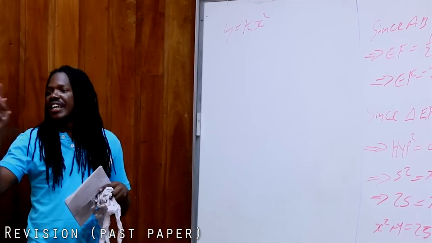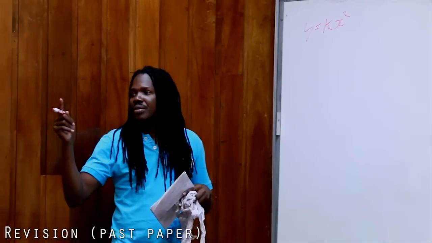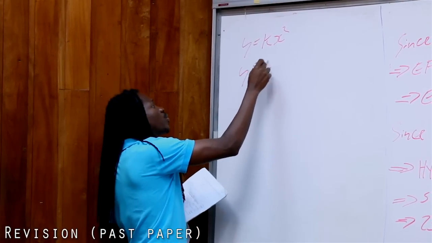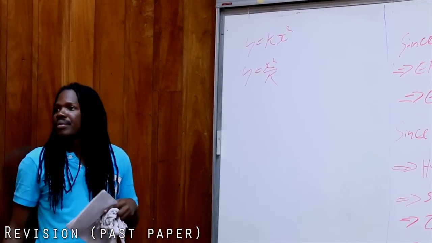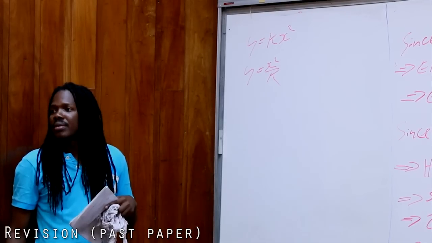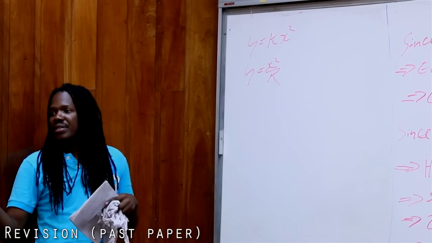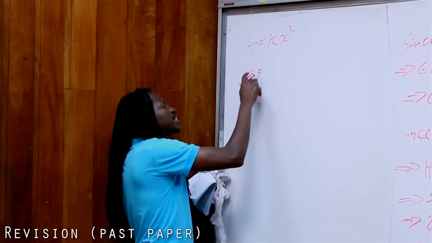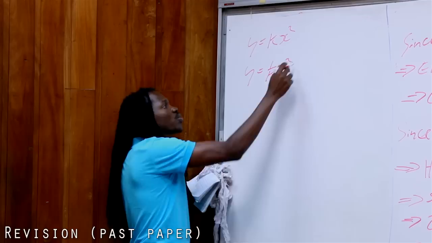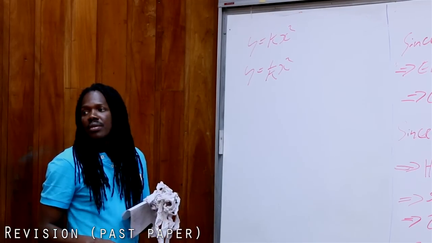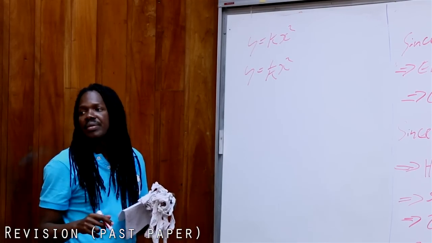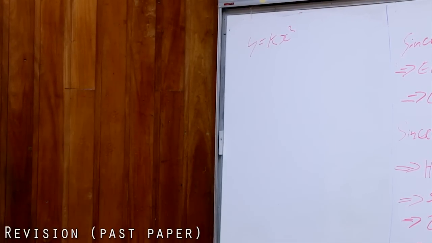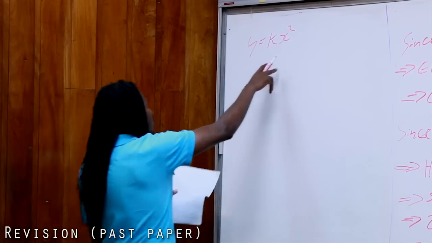If y varies inversely as x squared, then y equals k over x squared, which is equal to 1 times k over x squared. See that? So y varies directly as x squared.